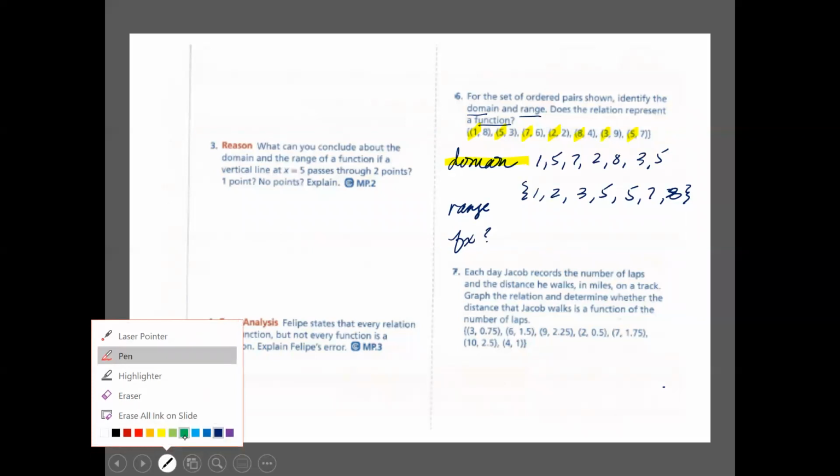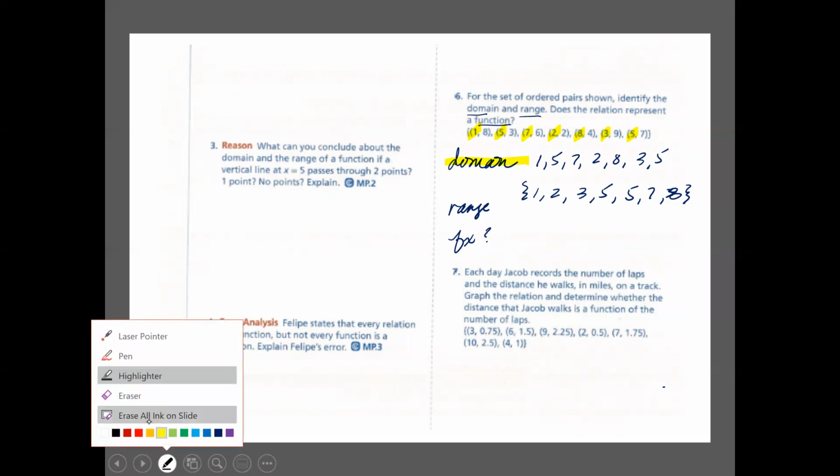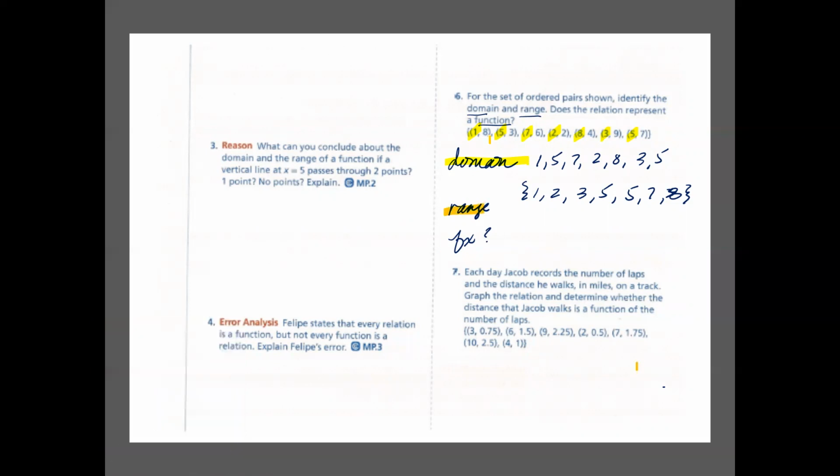Next, I'm going to take a look at my range. My range are highlighted in orange, and they're the y values, the second values in the ordered pair. For my range, I will have 8, 3, 6, 2, 4, 9, 7.